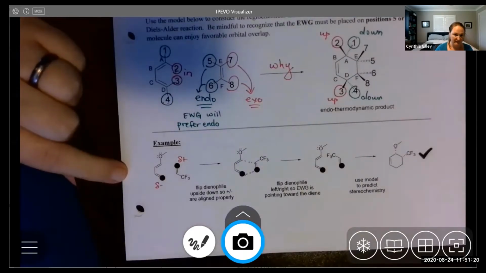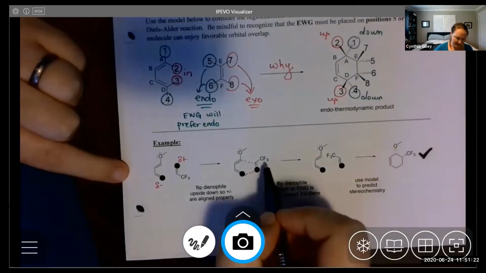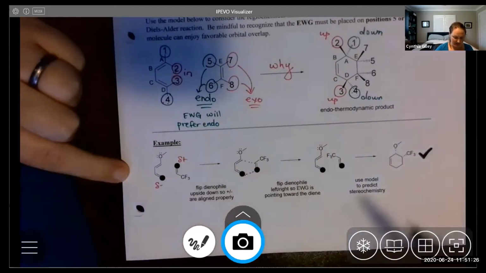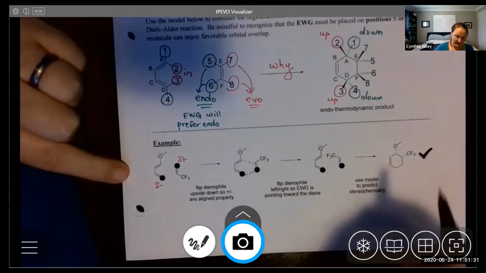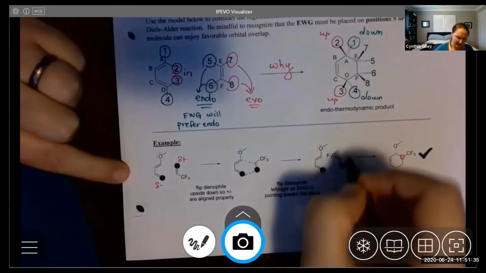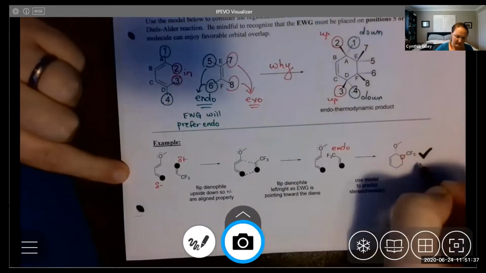And we think about, okay, is this going to point out or in? It's going to point in. And so that means it's going to end up down. It points endo, so it ends up down.